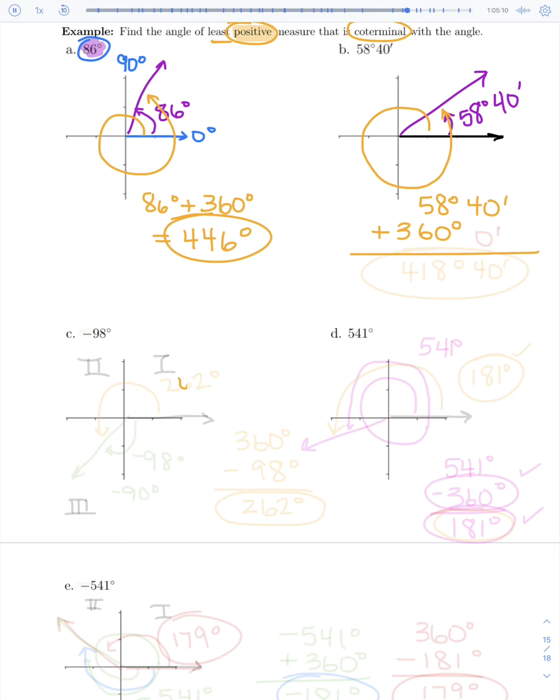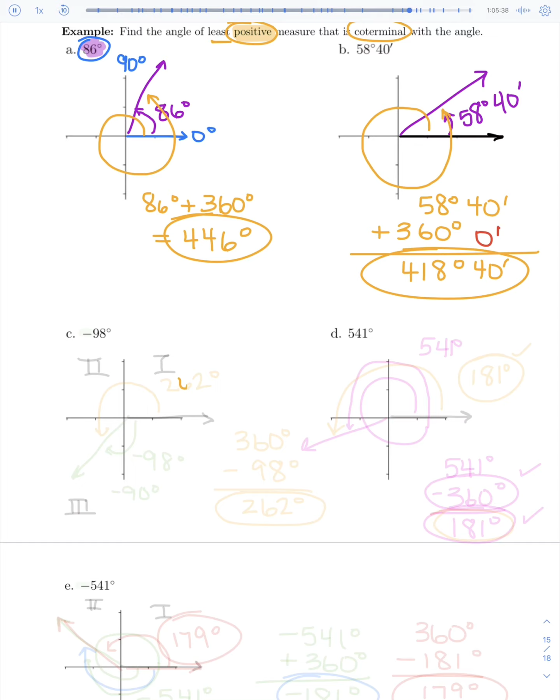Well, notice that there should be a hidden 0 here for our minutes. If you've got 360 degrees, it means there are no minutes, and I can add normally. So I'll get my 40 plus my 0 minutes is 40 minutes, and then my 360 plus my 58 is 418 degrees and 40 minutes, and that's my least positive coterminal angle.